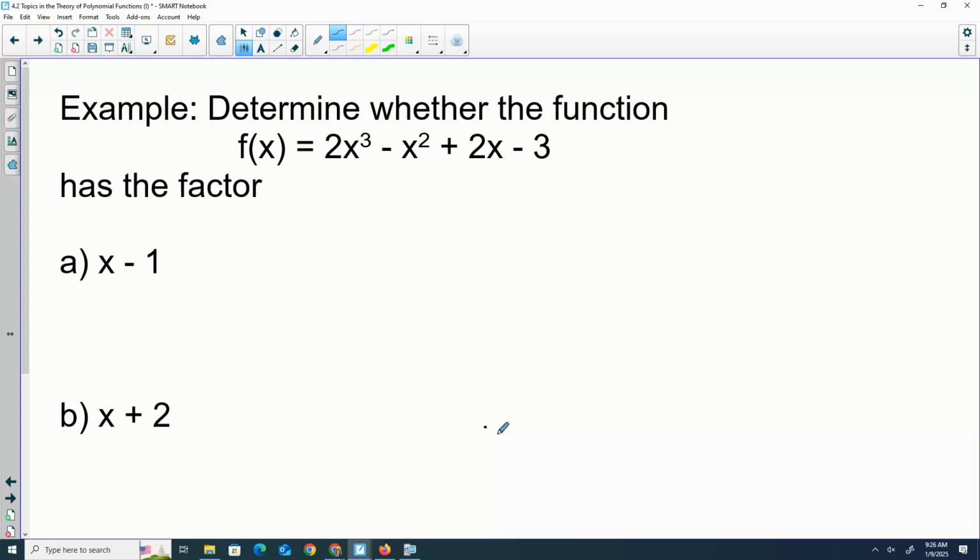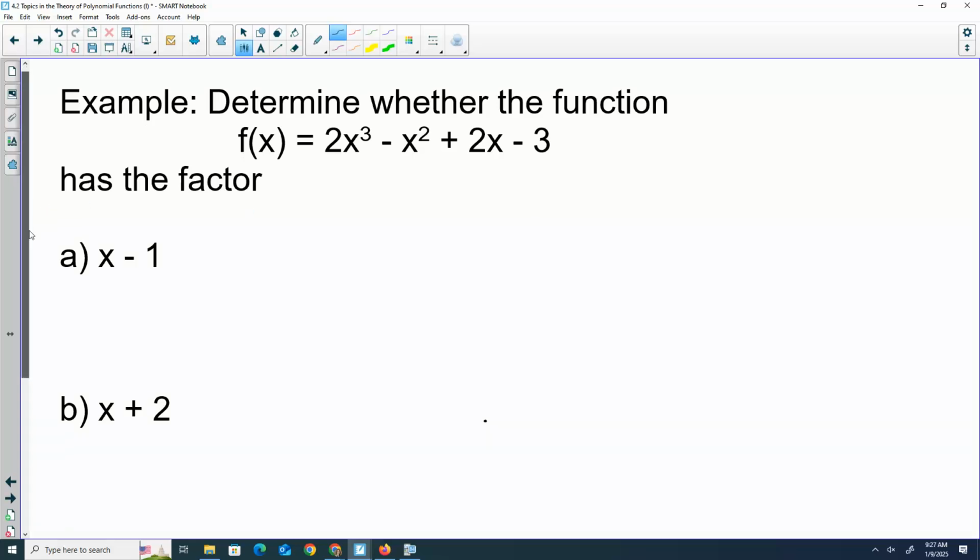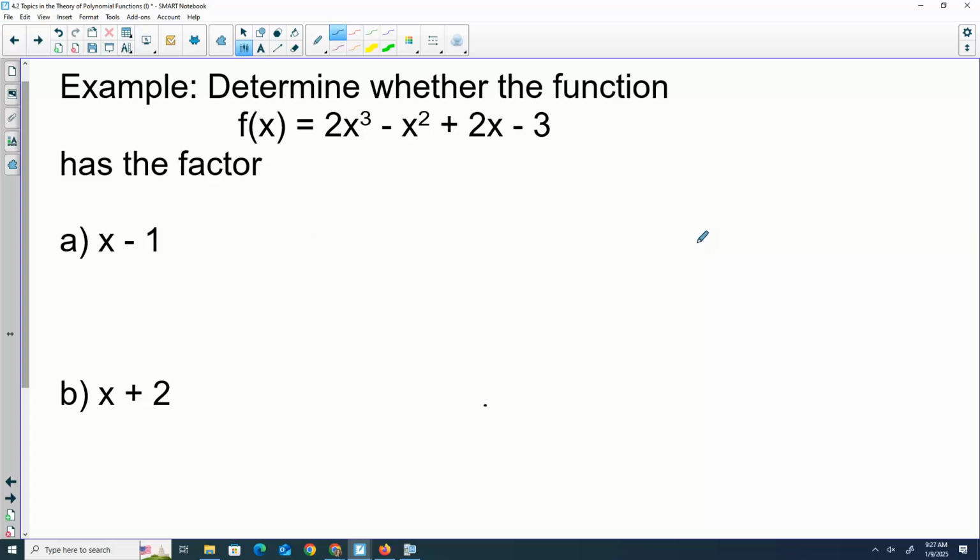Okay, so I want to decide if x minus 1 is a factor of this. So there's two options. We can do synthetic division or we can do the remainder theorem. And I'll do A and B two different ways just to show that. One option, if it's a factor, what does my remainder have to be? 0.